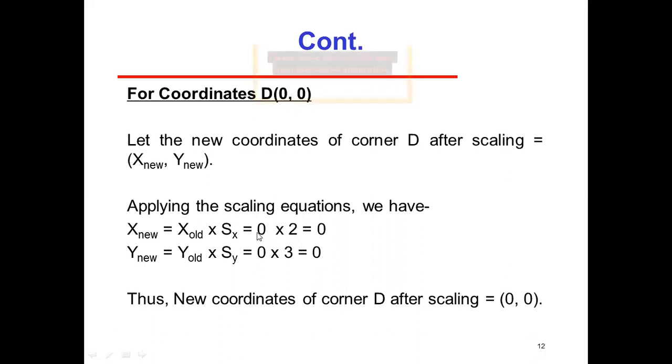This is fixed, sx 2, sy 3. So again we will get 0 comma 0. So the new coordinates for vertex D or corner D after applying scaling are 0 comma 0. So in this fashion, you can calculate the vertices in the given problem. Very easy. Okay.